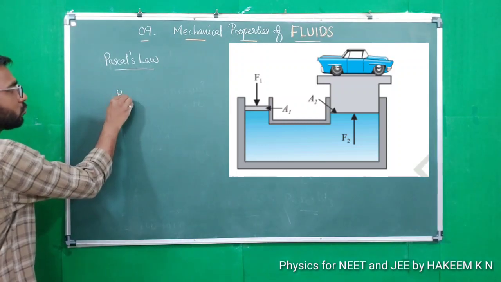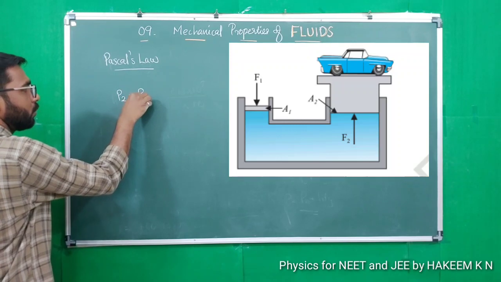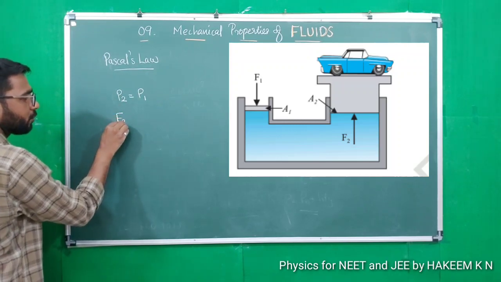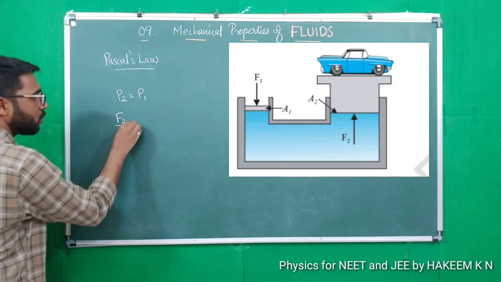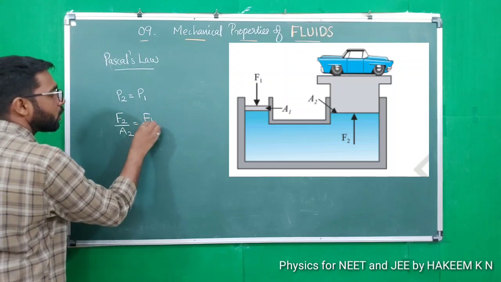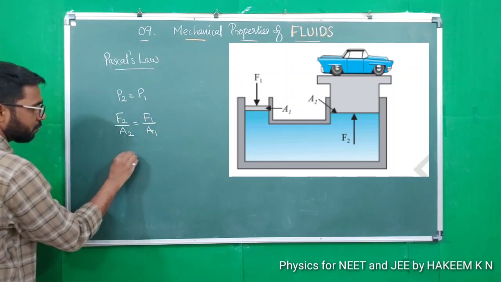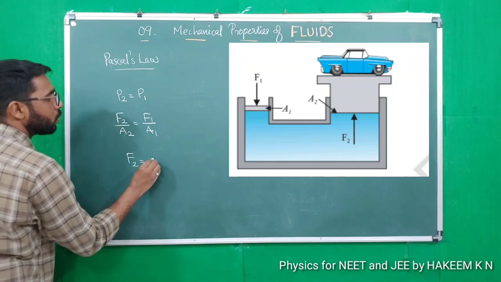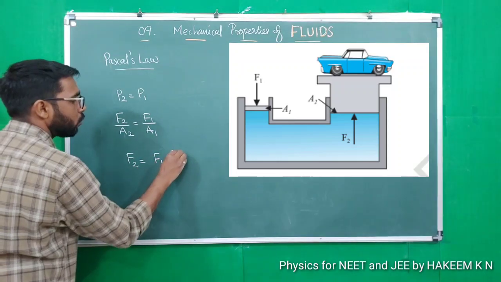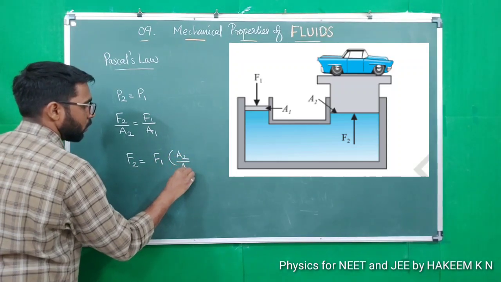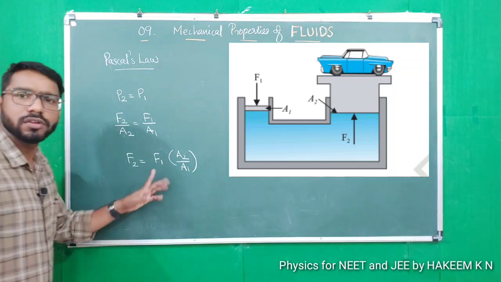So P2 equals P1, so F2 by A2 equals F1 by A1. So F2 equals F1 into A2 by A1.